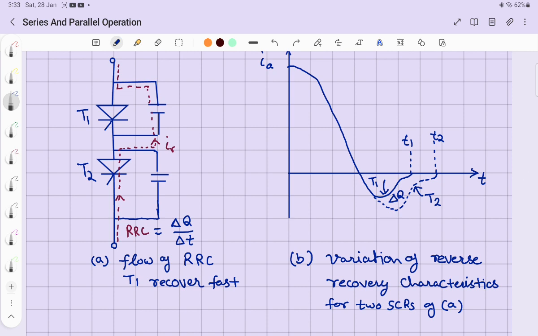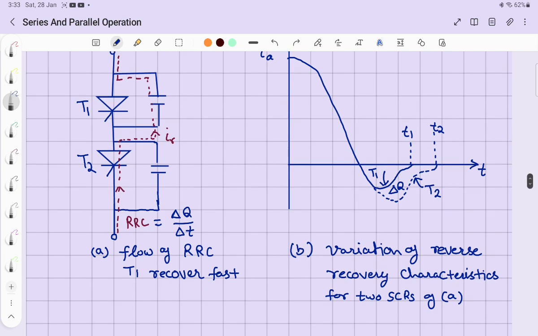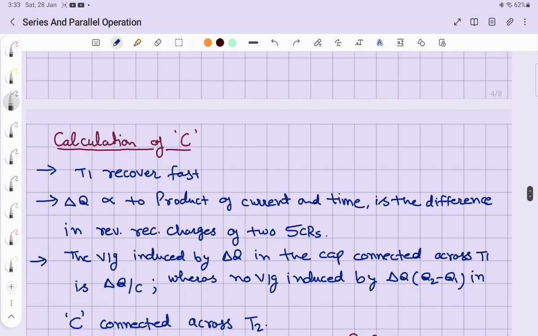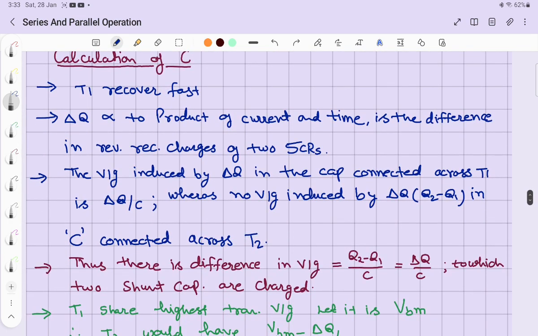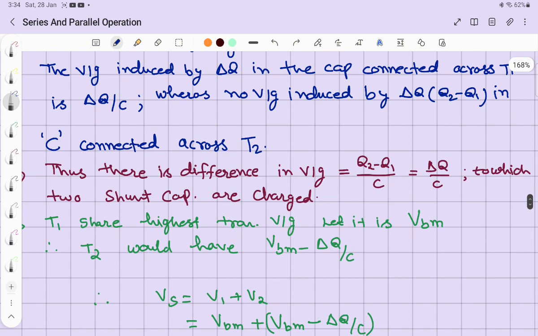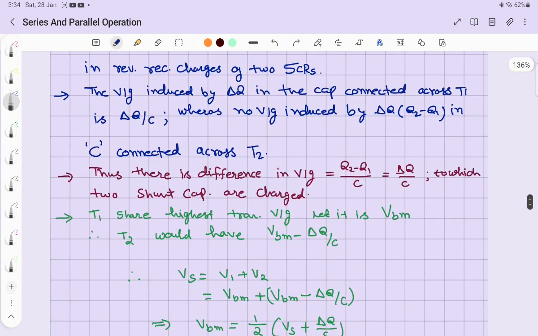So delta Q is the difference between the charge, for the duration of delta T. This current would flow through our capacitor C. Now this charge difference creates a voltage difference, which is equal to delta Q by C. So T1 shares the highest transient voltage, let it be VBM, right? Now T2 would share VBM minus delta Q by C.